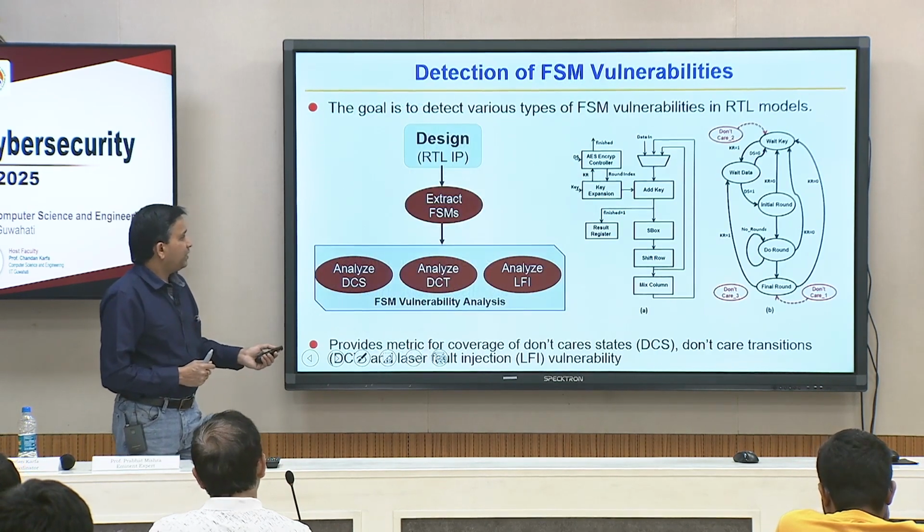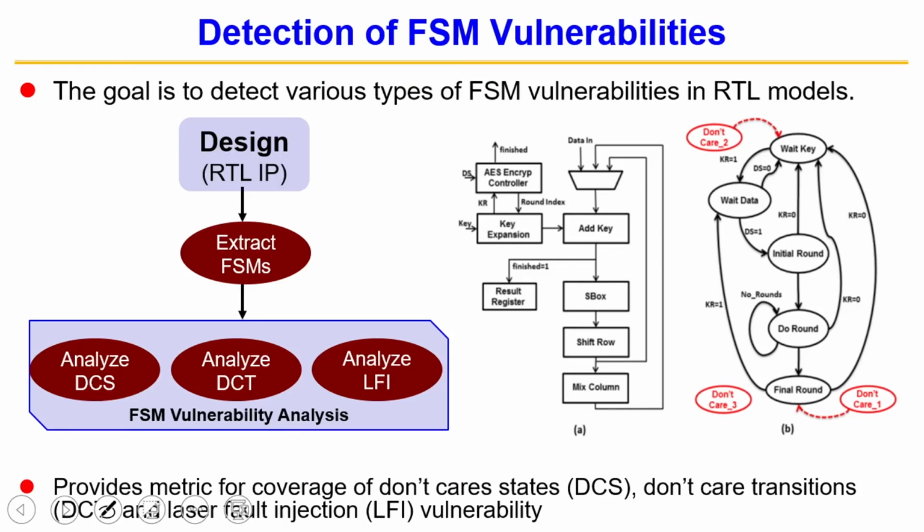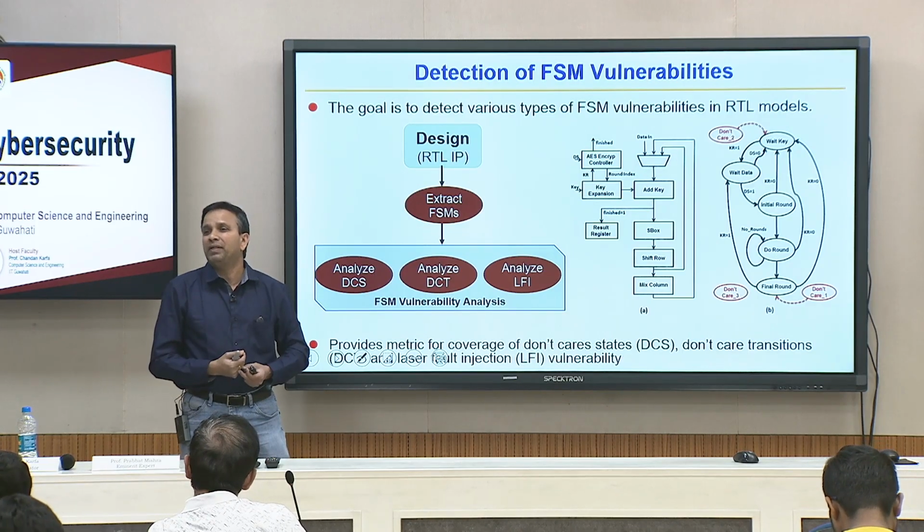So, now for the finite state machine vulnerability, it is important, because if you look at any cryptographic algorithm, it goes in multiple rounds or phases. Even in AES-128 with 10 rounds, those 10 rounds are actually 10 states in a finite state machine. There is no other way you can implement it.